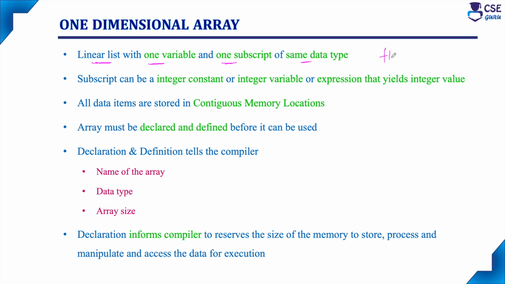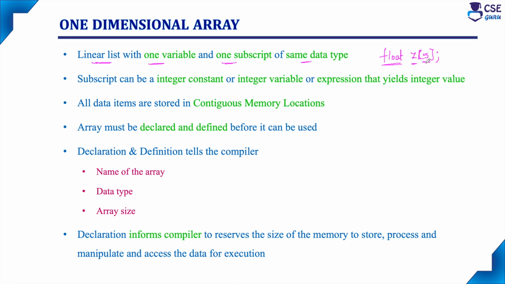For example, float z of 5. This is only one subscript, of same data type. All 5 elements will be of floating point data type only, under the variable name z, only one variable. So a one-dimensional array is nothing but it consists of only one subscript of same data type.